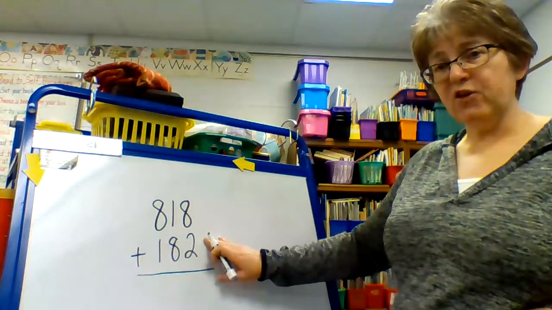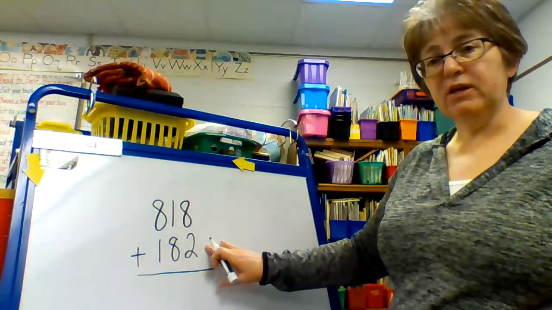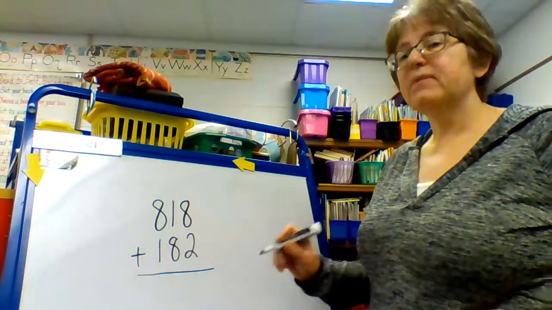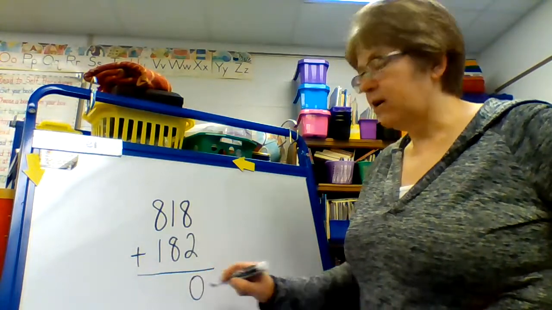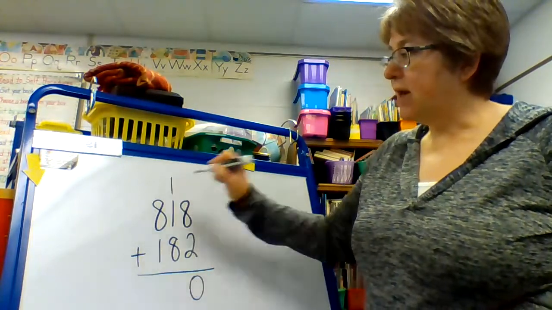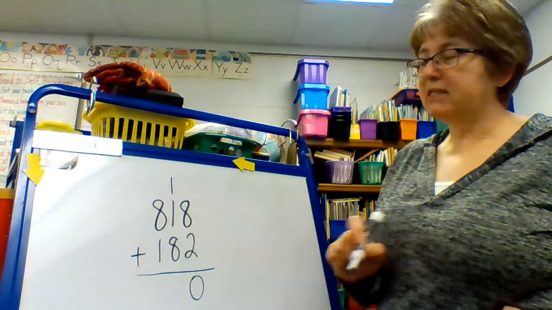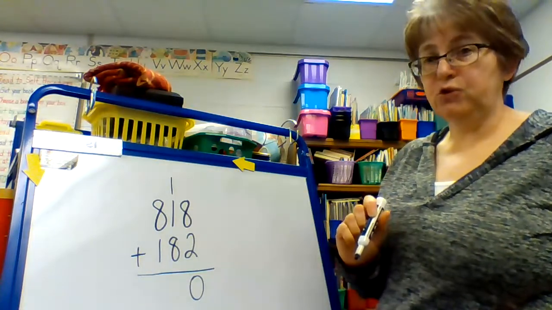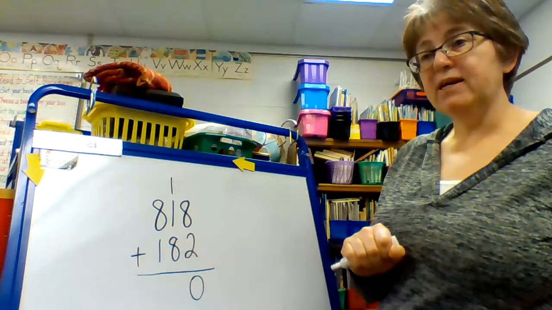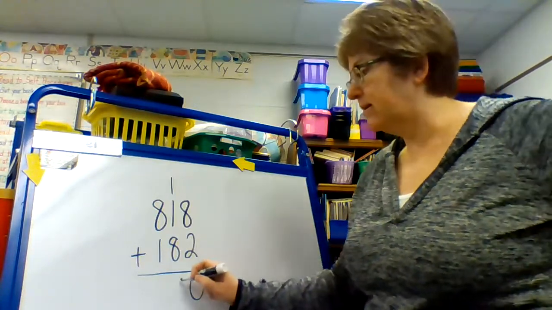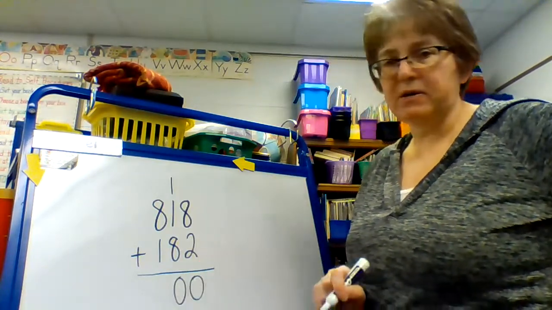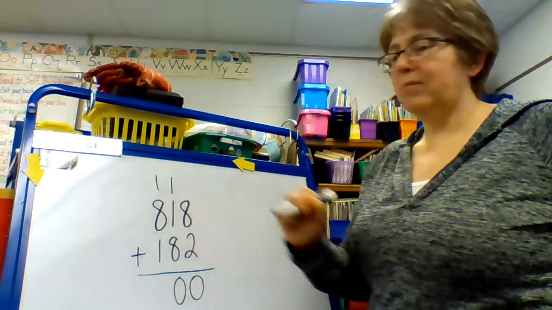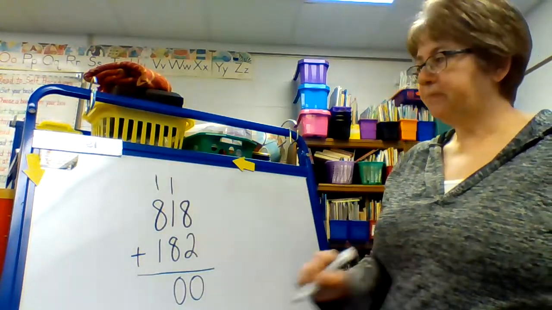Add your ones together first. 8 plus 2 gives me, that's right, 10. Put down a 0, and I'm going to make a new group above in my tens place. 1 plus 1 is 2. 2 plus 8 is 10 again. So I put down a 0, make a new group above.